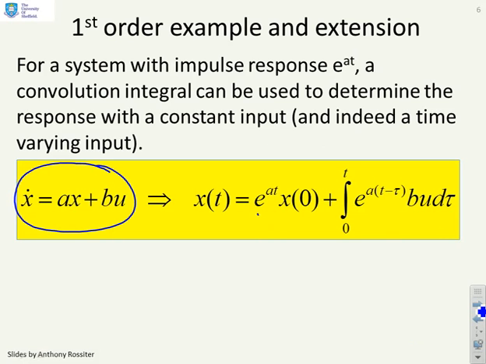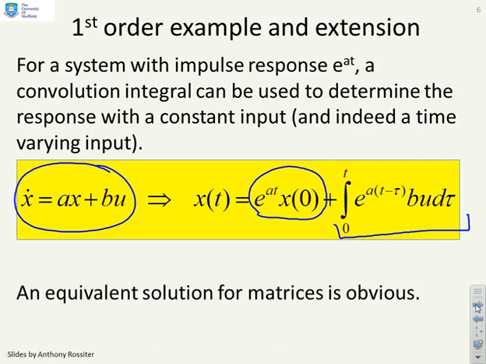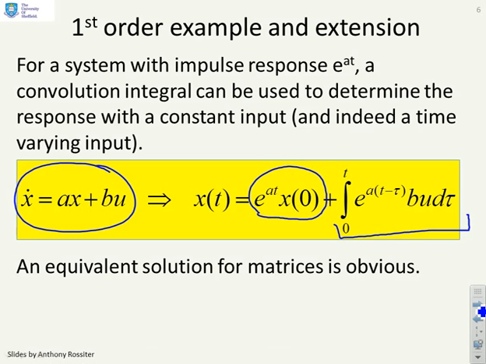Now I can write the overall solution, x of t, as e to the At x of 0, and then I have this convolution term here, the integral between 0 and t, e to the A(t minus τ) B, and I should have written in there u of τ, dτ. Now we're assuming u is constant.